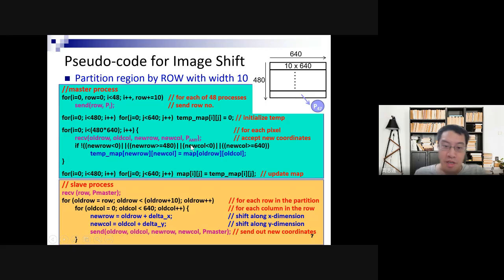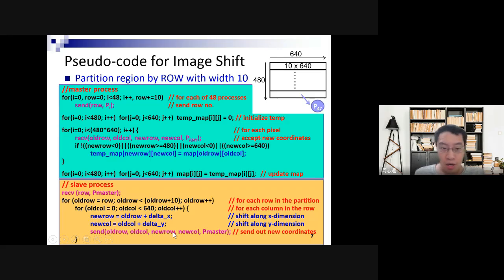Okay. And of course, when you collect the results and dispatch those tasks, they could be processed in parallel. So that's why we have a temp map as a buffer, to temporarily store the new results so that we will not override the old values in the image, which the slave actually needs when it tries to compute the new value.